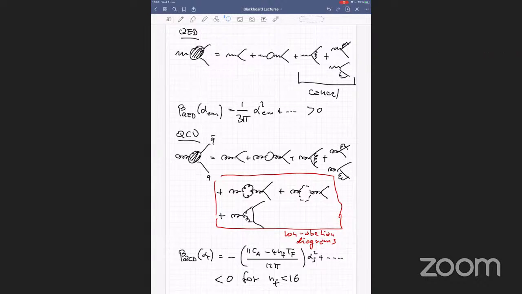Thank you, Professor. I have a question. You said that when we add up these diagrams, the divergences will cancel each other.